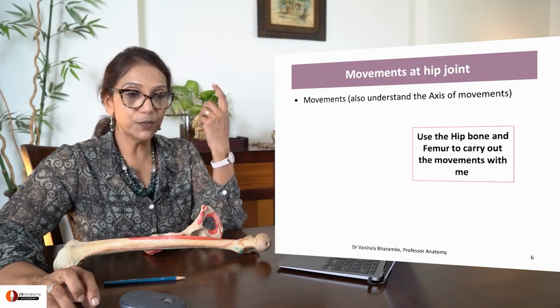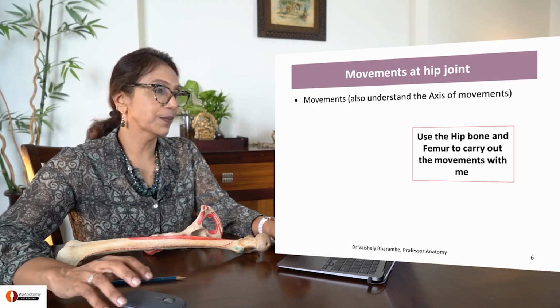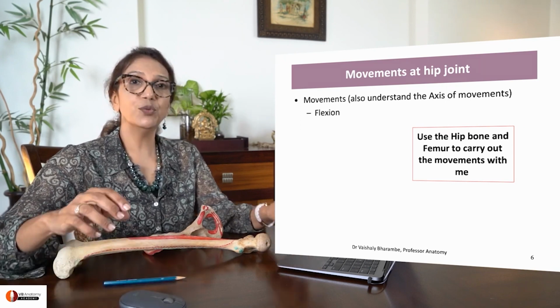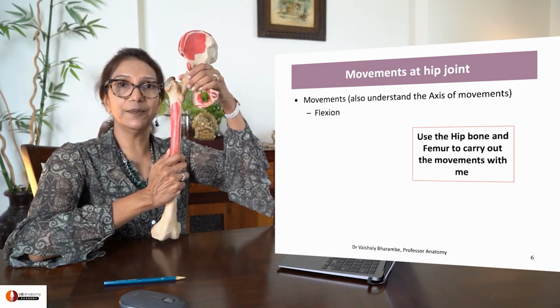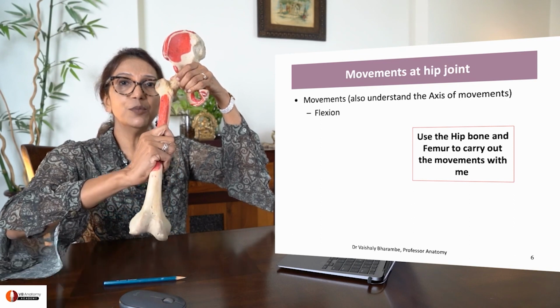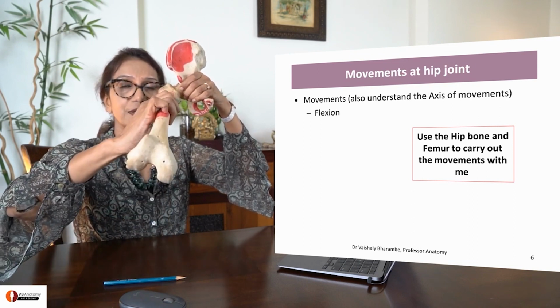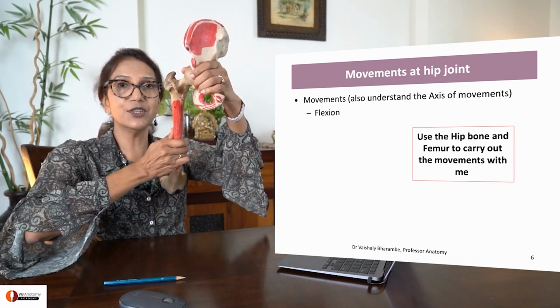Now you have to pick up your hip bone and femur and do the movements as I tell you. Ready? The first movement is flexion. Now pick up the femur and hip bone, articulate them. Now, whenever there is flexion, the femur will move forwards. Flexion. Whenever there is extension, the femur will move backwards. Extension.